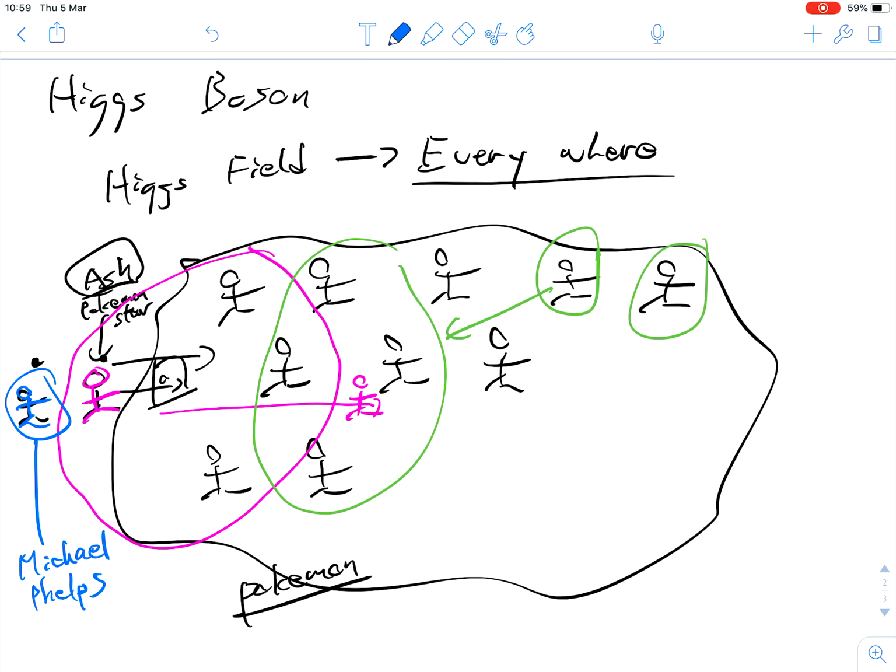He enters a room, but Michael Phelps doesn't play Pokemon, okay? So these Pokemon players, maybe they're not too interested in swimming. And so when Michael Phelps enters, they're like, that doesn't really matter to me, okay? So Michael Phelps could potentially walk through the entire room and not have anybody pay any attention to him because this is a room full of Pokemon players, not a room full of swimmers.